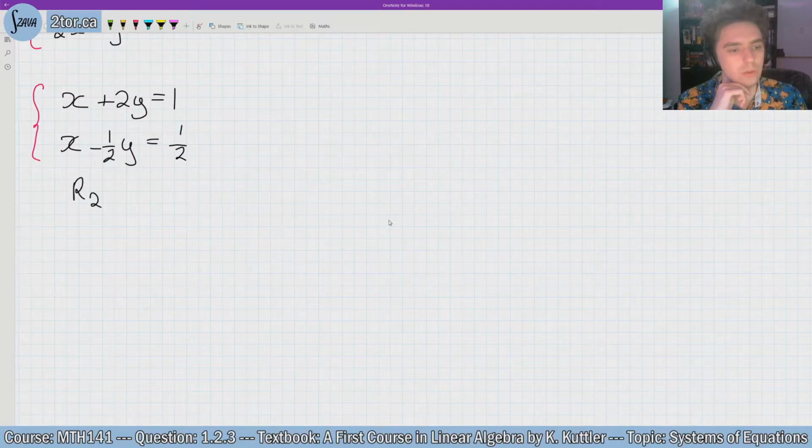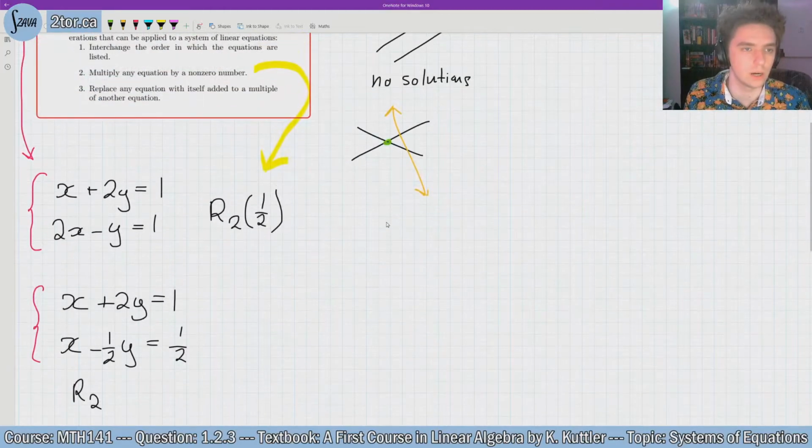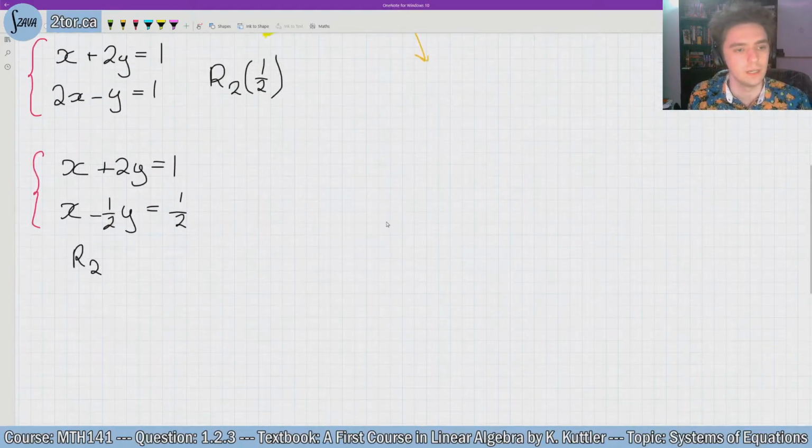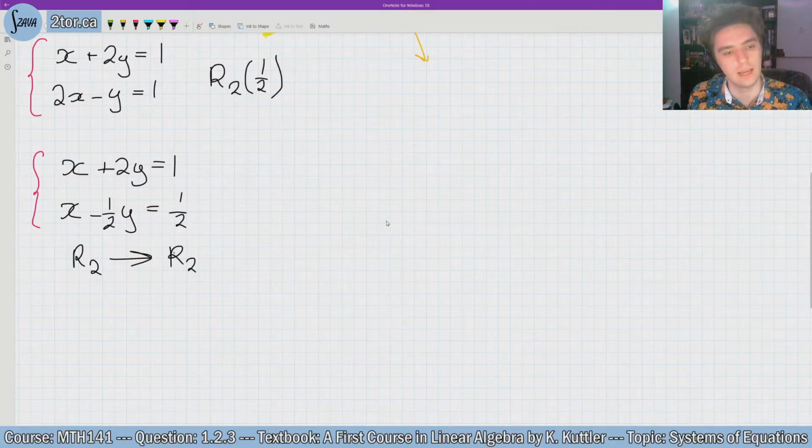Now, in order to eliminate x from this bottom equation, I'm going to do row 2. First, let's read our type 3 elementary operation: replace any equation with itself added to a multiple of another equation. So I'm going to take row 2 and turn it into itself plus a multiple of another equation.